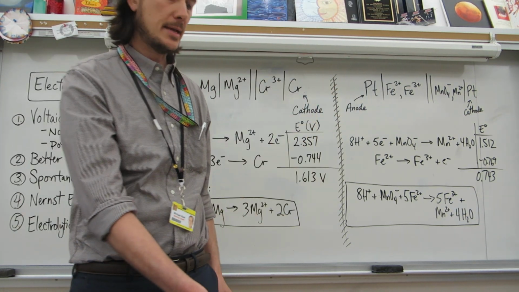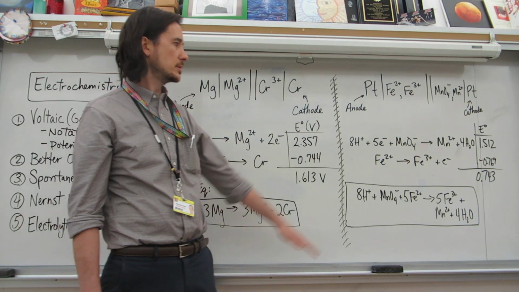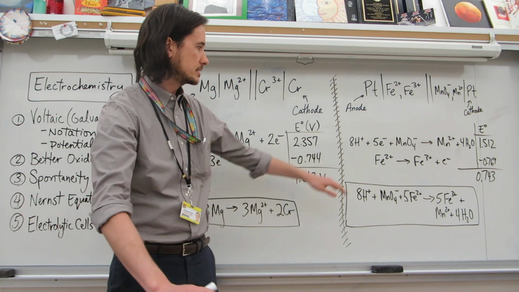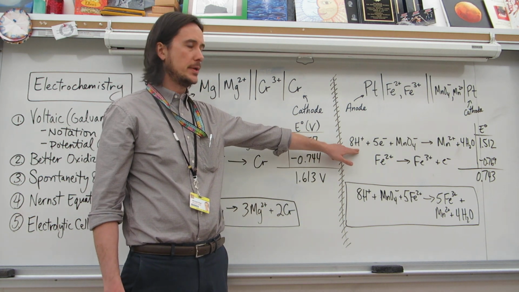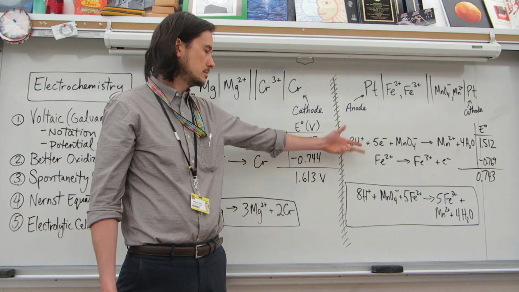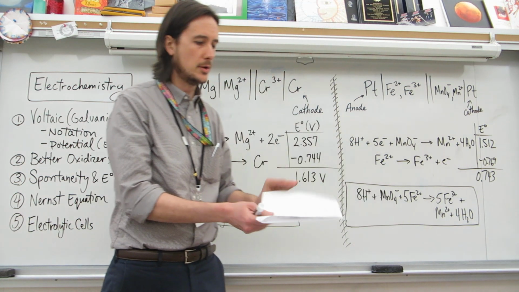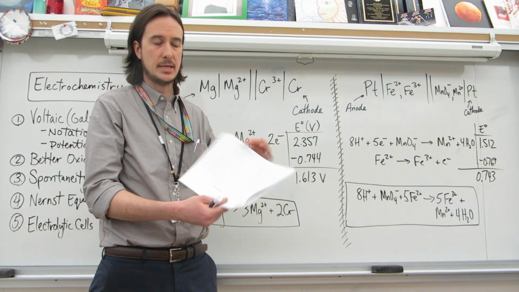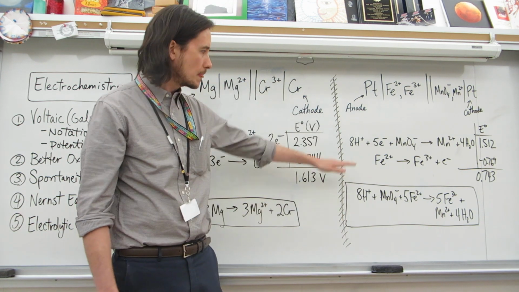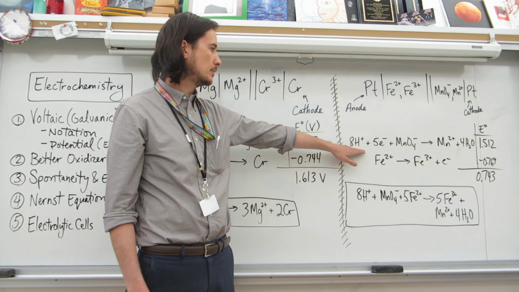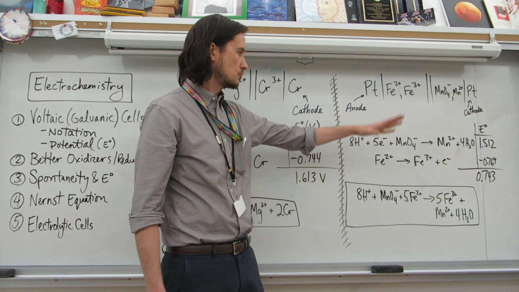So different tables will give you more information. Like the second table I showed you, this reaction is on there. You couldn't, using the one on the AP test, it doesn't have it. But this is on a table that I'm looking at. So I just write the reaction.